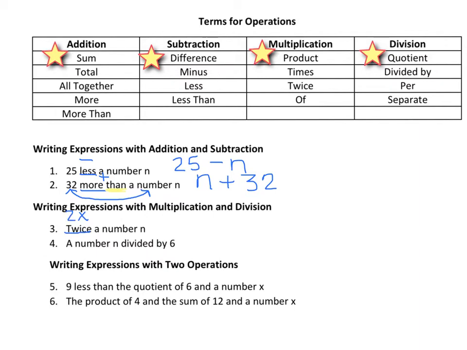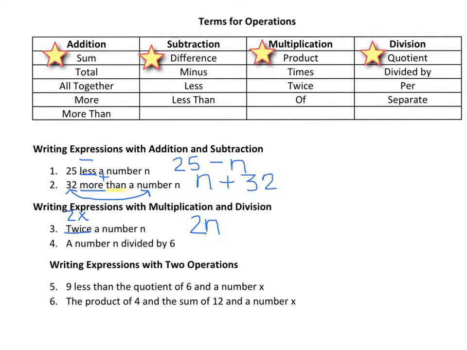Okay, so we're talking about multiplying something by 2. Now there's no magic word then, so we can just write it in the order. You're only going to see the magic word then when you're talking about addition and subtraction. So we have twice a number n, and in algebra we try and get out of using the multiplication symbol, so we just have 2n.